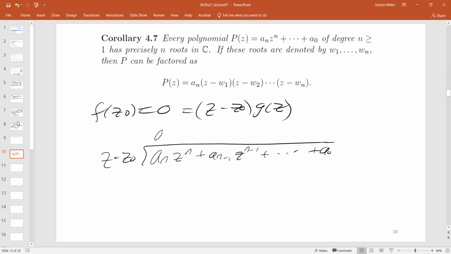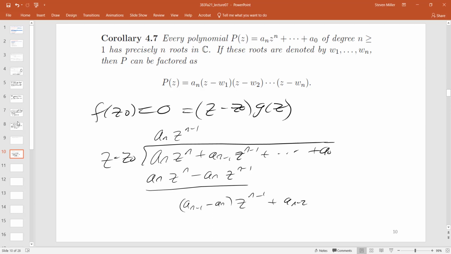It would have to be a_n z^(n-1). We would get a_n z^n minus a_n z0 z^(n-1). We subtract, and we would get a_(n-1) plus a_n z0, times z^(n-1). Pull down the a_(n-2) z^(n-2), and continue.